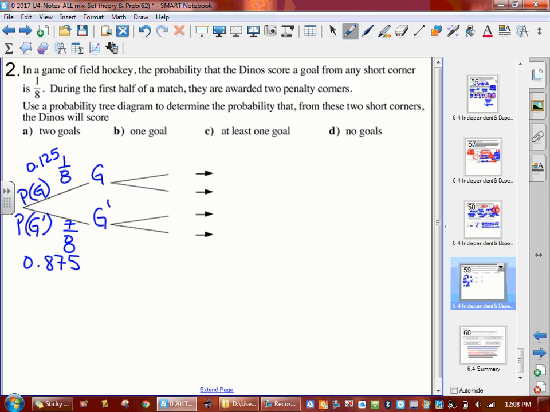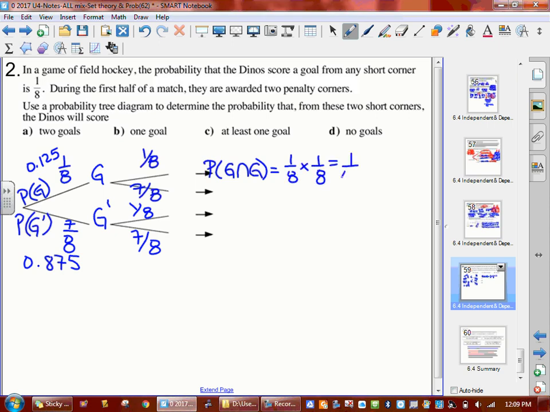So again, we want to score a goal and no goal. So score a goal again. 1/8 over 7/8. 1/8 over 7/8. So probability of a goal and a goal is 1/8 times 1/8, which is 1 in 64, which is 0.015625.